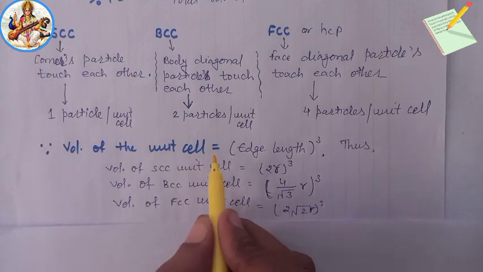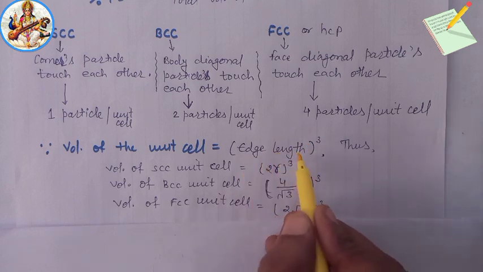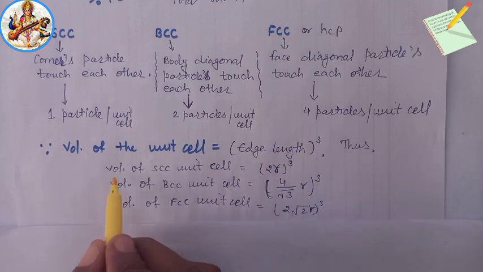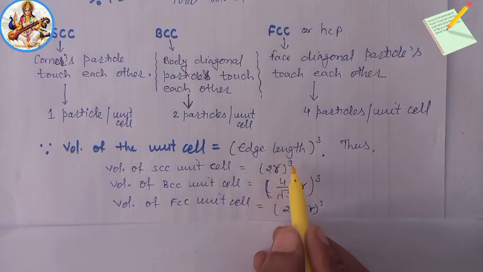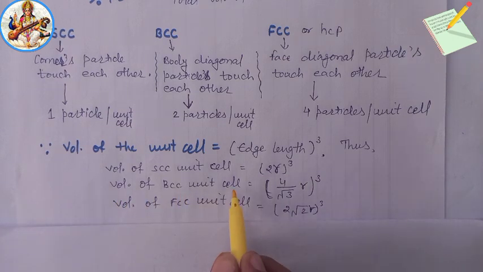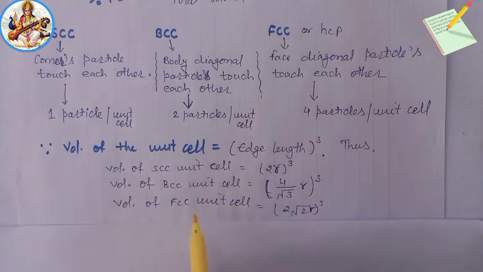Since volume of the unit cell is equal to cube of edge length, therefore volume of SCC unit cell is equal to (2R) cube. Volume of BCC unit cell is equal to (4 upon root 3 R) cube. Similarly, volume of FCC unit cell is equal to cube of 2 root 2 R. Here R is the radius of a particle.